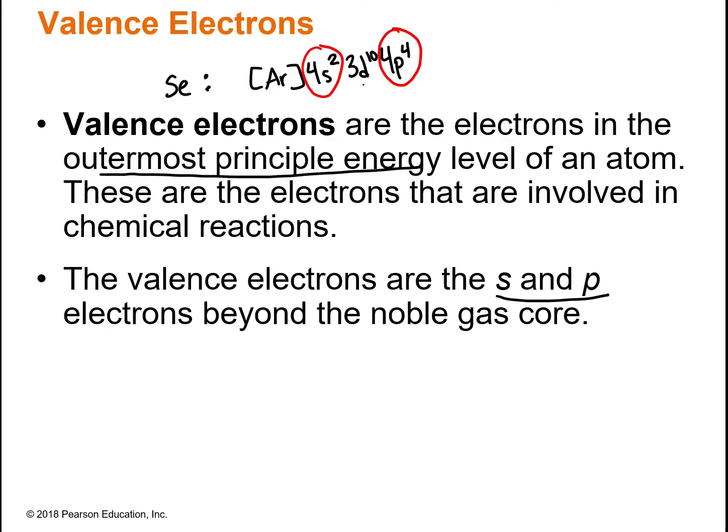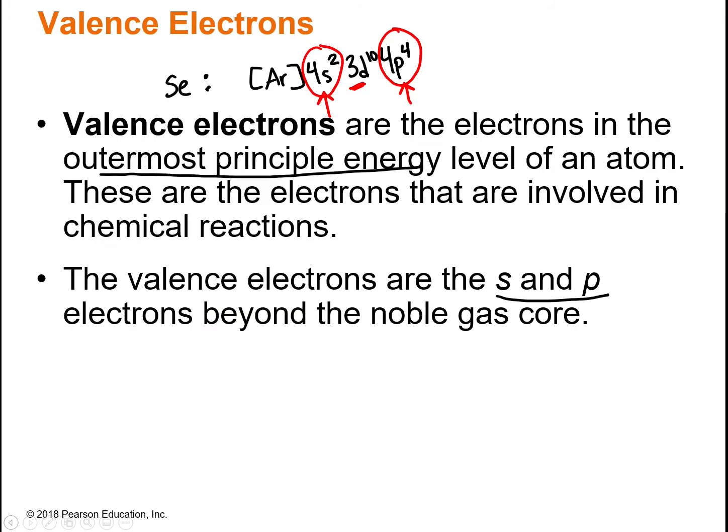We're not really thinking about the 3d. There can be some chemistry there, but what we're really talking about is the valence electrons in the s and p. Now, I'm not going to be as tricky and give you a transition element or anything like that, but the 3d is full. We're looking at the electrons in the s and the p sublevels for valence electrons.